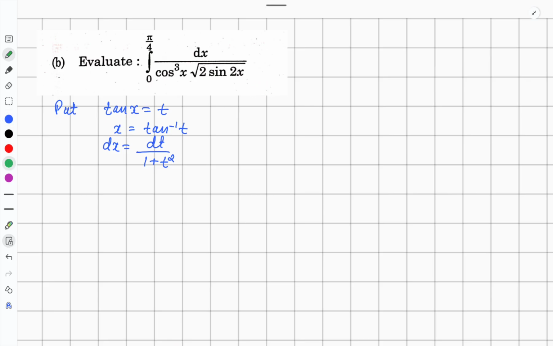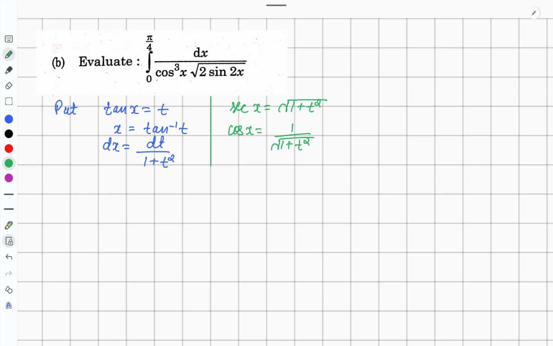Let me use a different ink. Okay, so tangent x is t, secant x will be equal to root of 1 plus t square, and cos x will be equal to 1 by root of 1 plus t square.